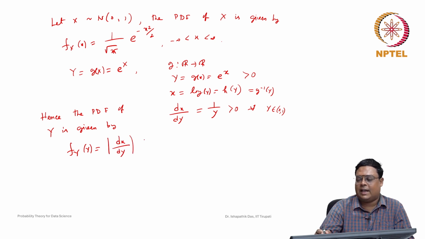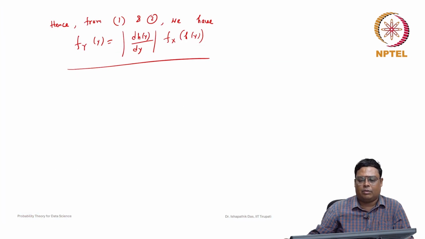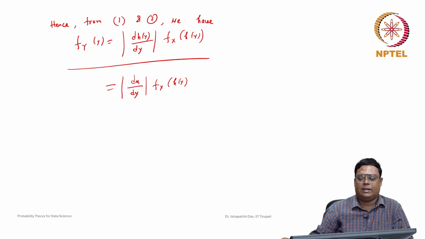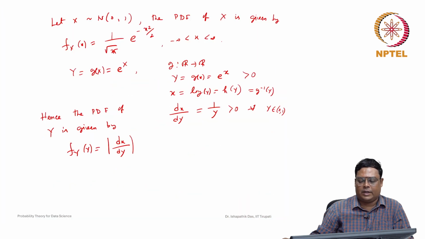Note that x is h(y), so sometimes we write dh(y)/dy in this notation. It is the same as dx/dy, since x is equal to h(y). The notation is the same as we understand. So this is 1 by y.